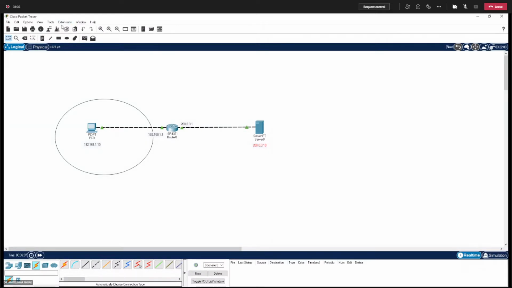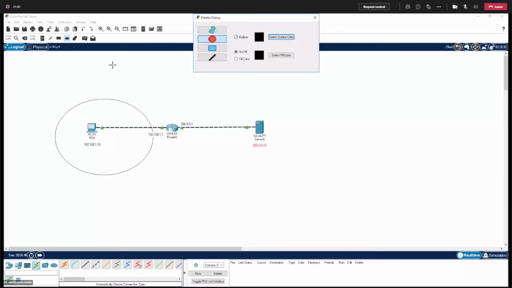The other portion, if we consider the rightmost portion of this topology, then the rightmost portion is the portion of the outside network. Okay, outer network, we can consider it as an outer network.